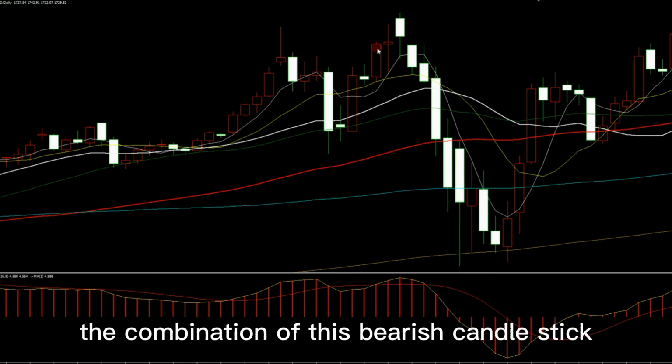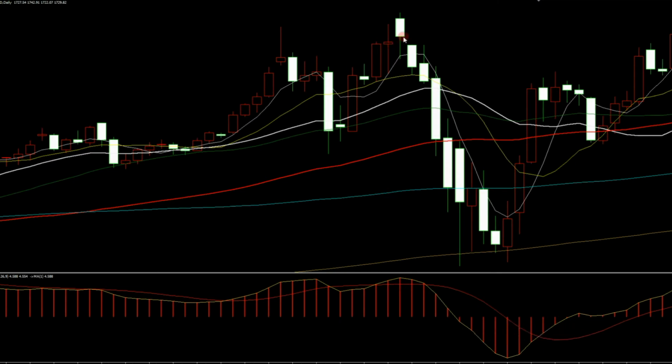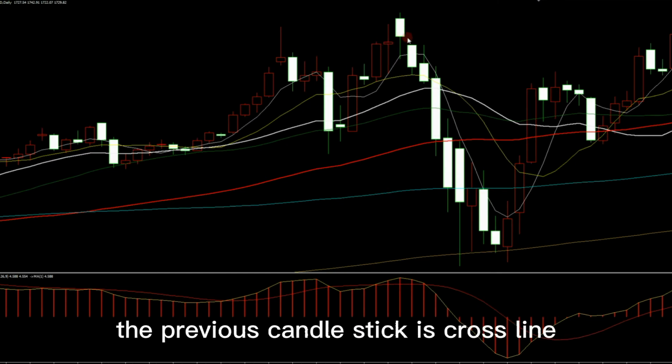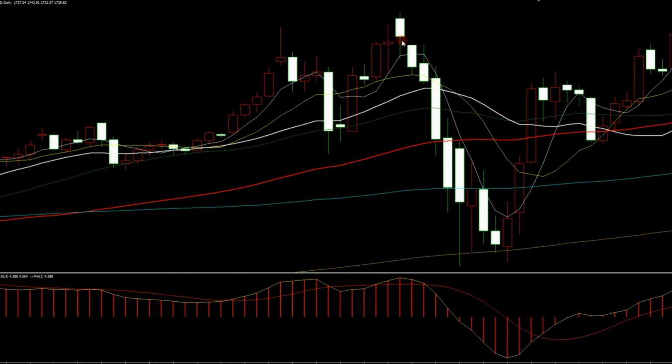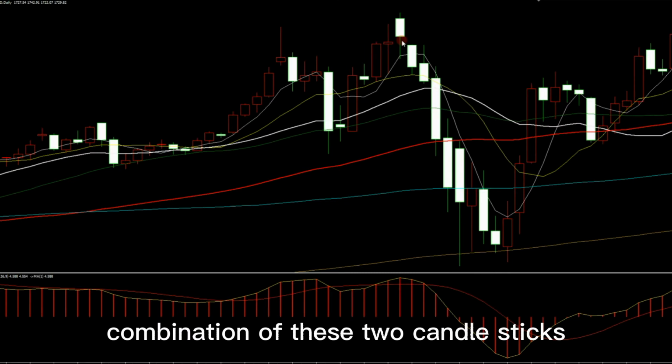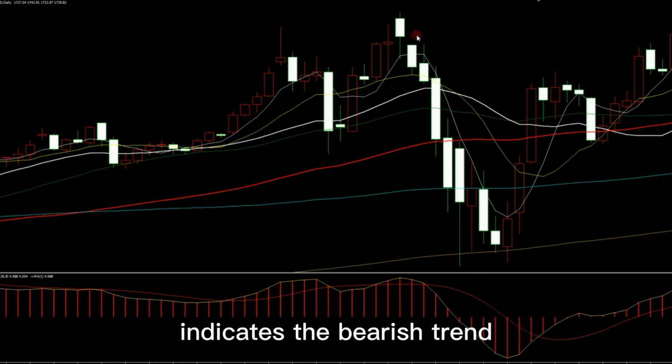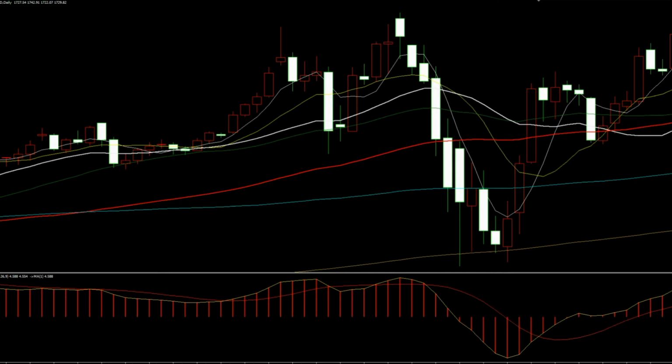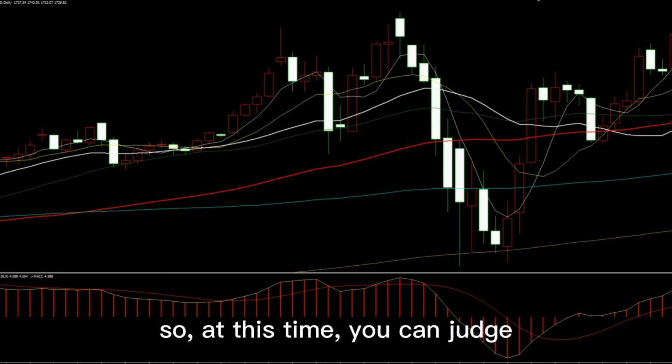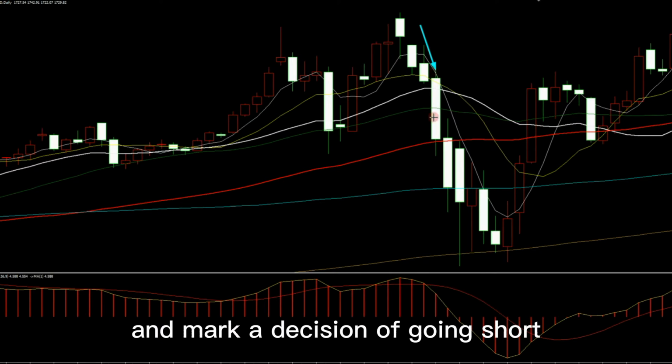The combination of this bearish candlestick in hammer line, with the previous candlestick a close line, indicates a bearish trend. So at this time, you can judge and make a decision of going short.